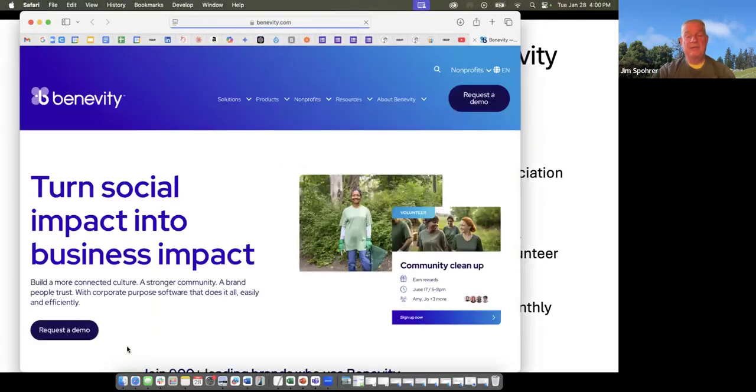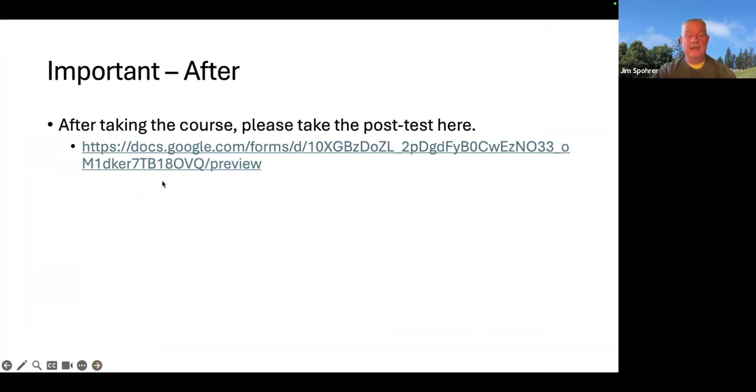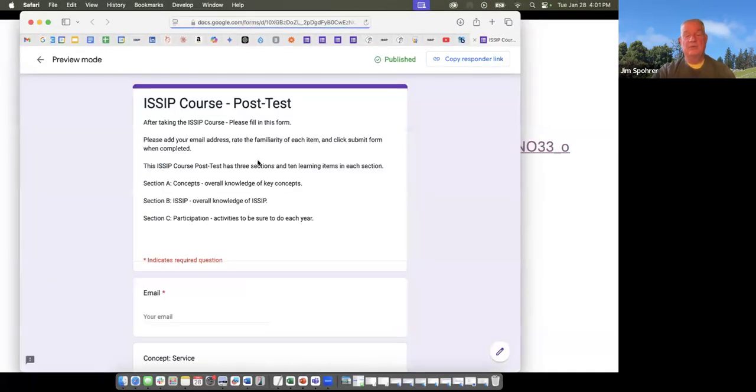This is what the Benevity website looks like. If your company allows you to log your volunteer hours, volunteer some time at ISSIP, and that helps ISSIP through donations. Now, the last important thing in the course is to go out here to the post test.